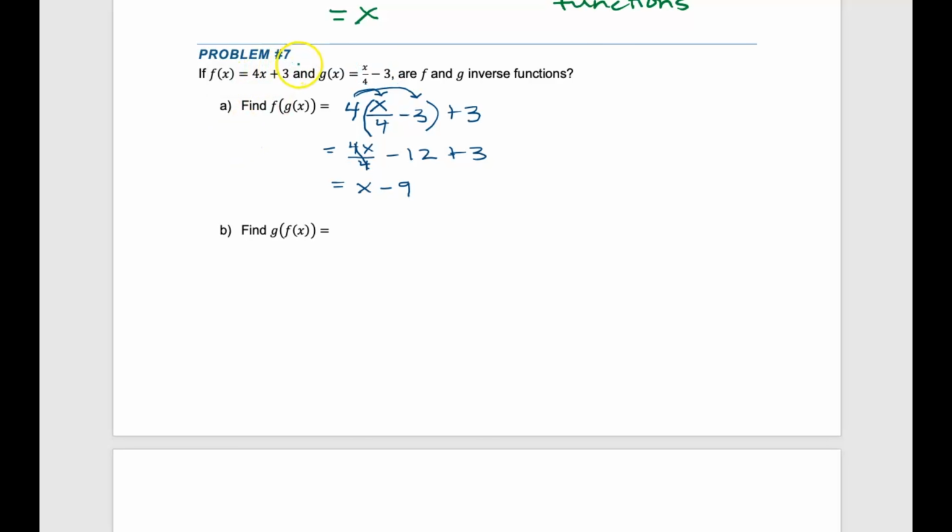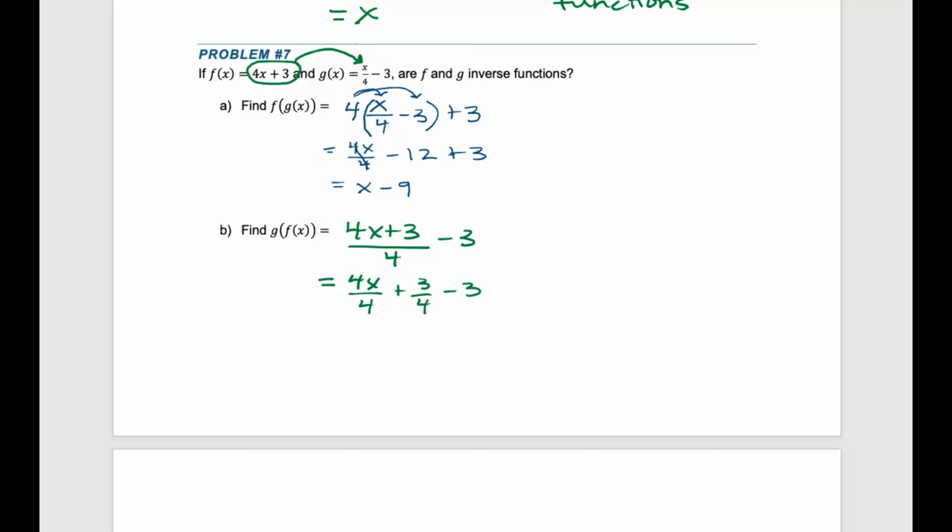This time we'll take the 4x plus 3 and put it in place of x in the g function. So now we'll have 4x plus 3, all divided by 4, and then minus 3. Let's keep simplifying here. Both of these are being divided by 4, so let's rewrite it as 4x divided by 4 plus 3 divided by 4, and then minus 3.